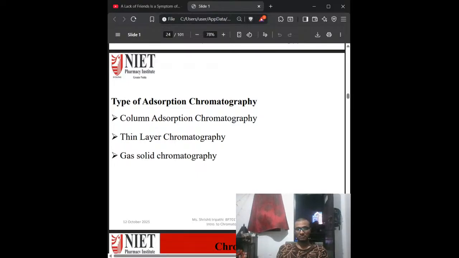These all contain adsorption: gas adsorbed to the solid; column and thin layer, the liquid adsorbed to the solid.